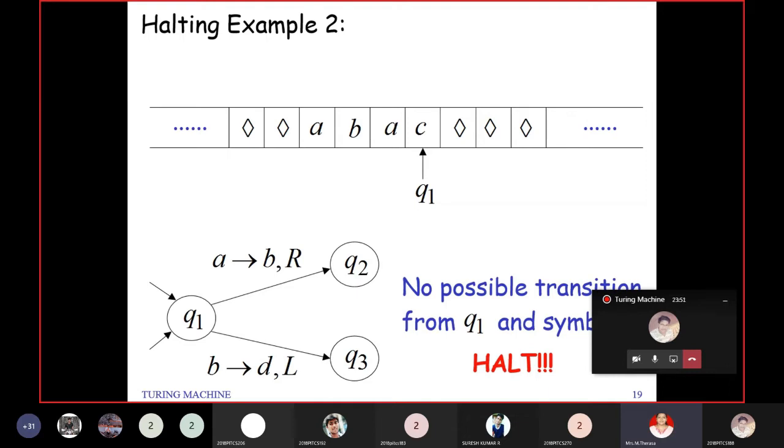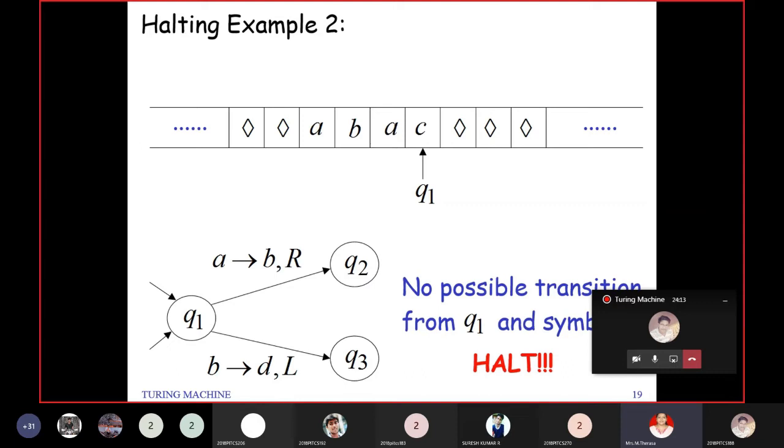Similarly, here also you have an input string A, B, A, C, and the current state is Q1. From the current state Q1, there are two transitions mentioned. One is for A, another is for B, but there is no transition mentioned for C. So what will happen when the machine is in state Q1 and reads C?